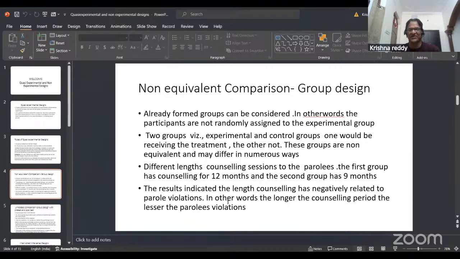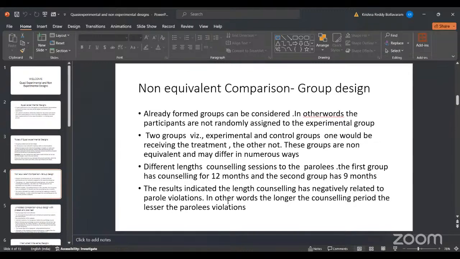The results indicated the length of counseling was negatively related to parole violations, because the number of violations comes down when the counseling is very long. That means the 12 months counseling course has given better results than the 9 months counseling course with respect to the violent behavior of the parolees. Am I clear, sir?